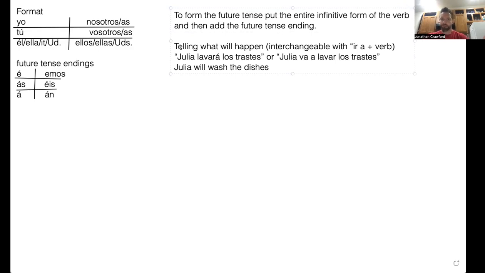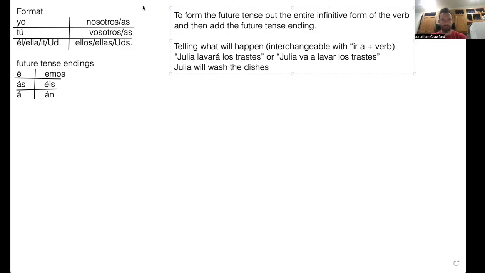So you can use the future tense to tell what will happen. Remember, it's interchangeable with ir, a, plus a verb. So you can write, for example, Julia lavará los trastes, or Julia va a lavar los trastes. Julia will wash the dishes. So we're telling what will happen in this case.